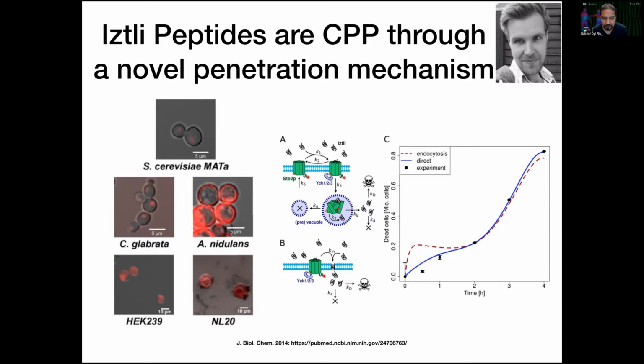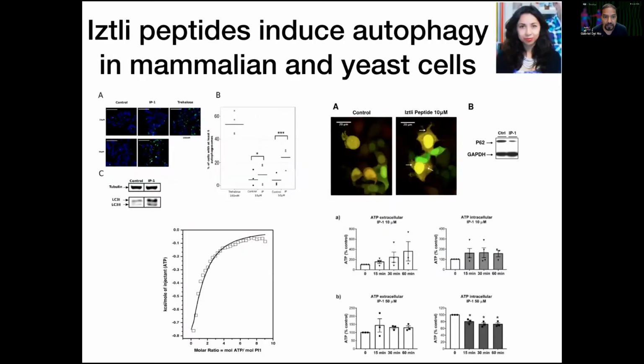So these results then led us to question how come a peptide that is working through a novel mechanism may have an emergent property. What is the emergent property that allows the peptide to kill a cell?